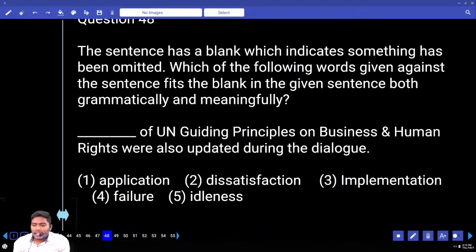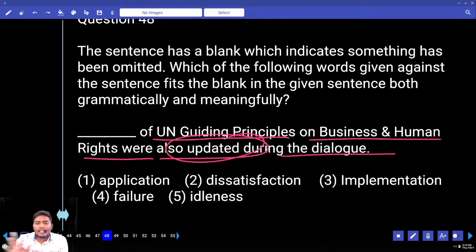Dash of UN guiding principles on business and human rights were also updated during the dialogue. Tell me your answer. We are speaking about UN guiding principles on business and human rights were also updated during the dialogue. Now, are we referring to something positive or negative?